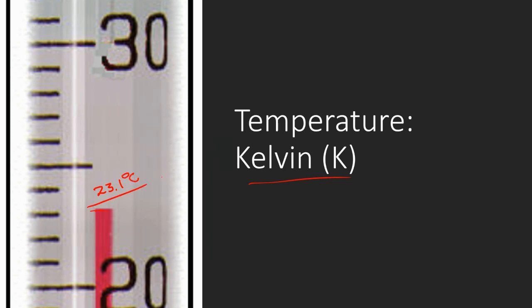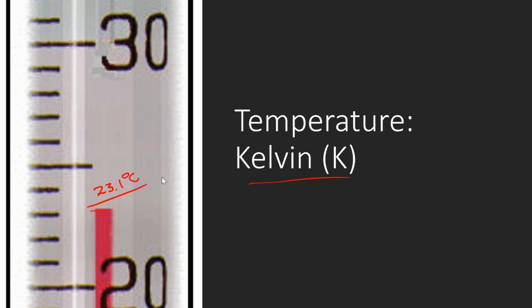So Celsius is what we measure temperature with in the lab often. But it's technically not our standard or our base unit. We choose Kelvin instead, which is related to the Celsius scale, but it's an absolute scale.